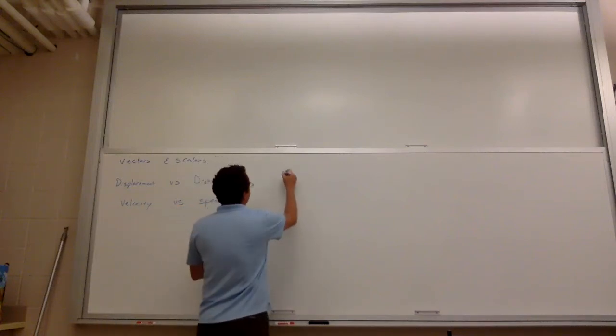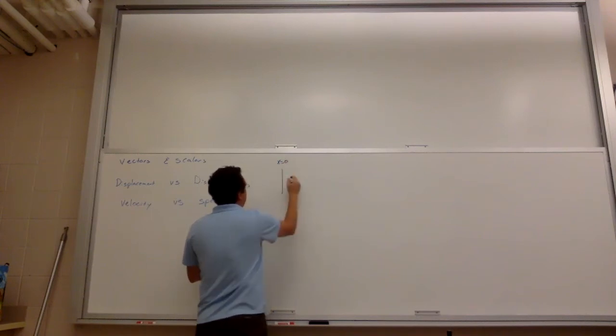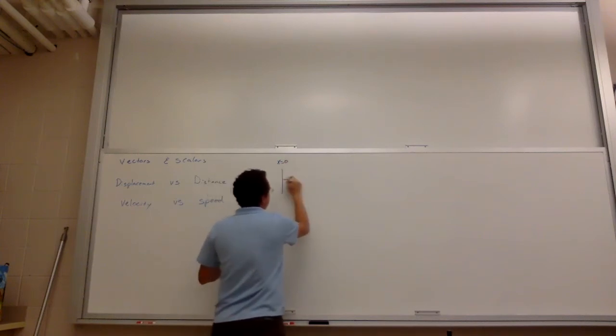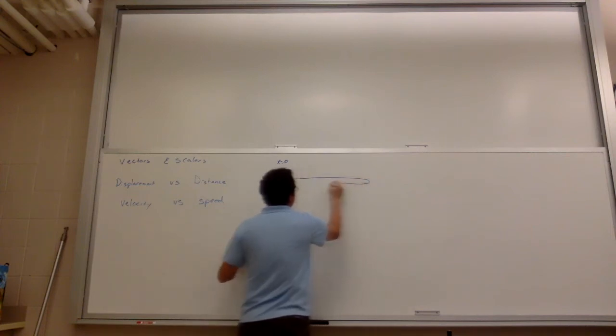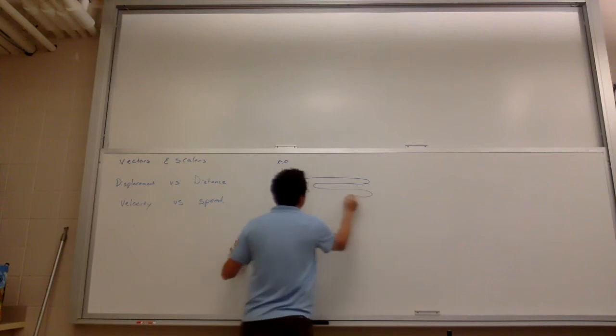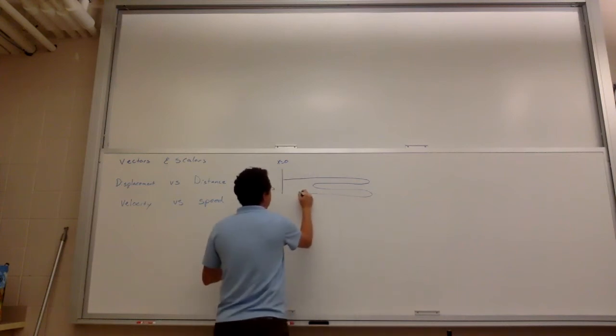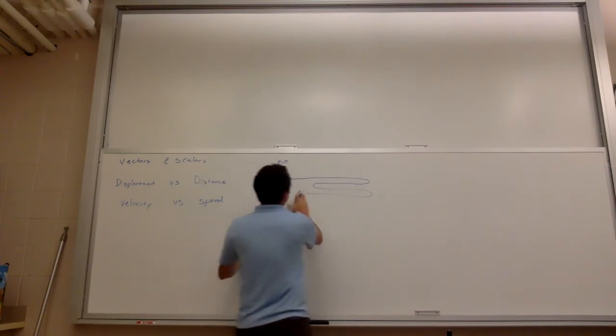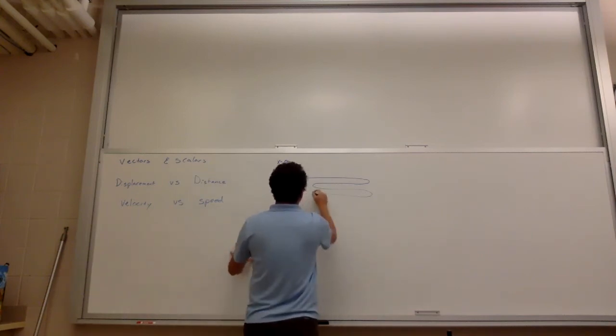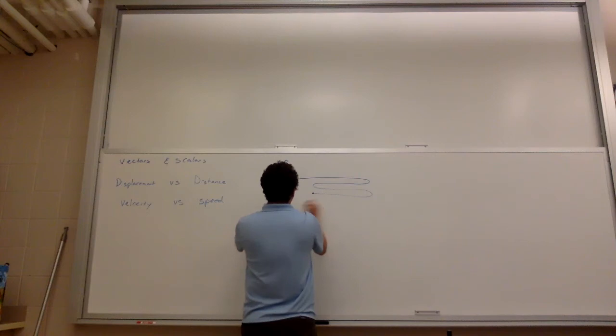So let's say we had a path and we started here at x equals 0, and then we walked over here, and then back, and then ended up here. Let's make it a little easier. Let's say this is at x equals 1.